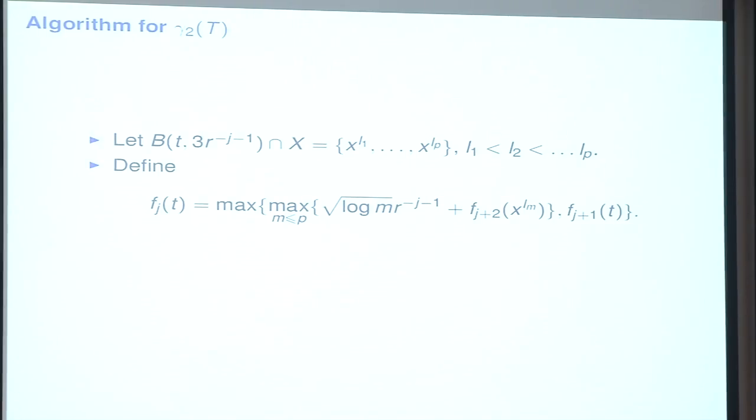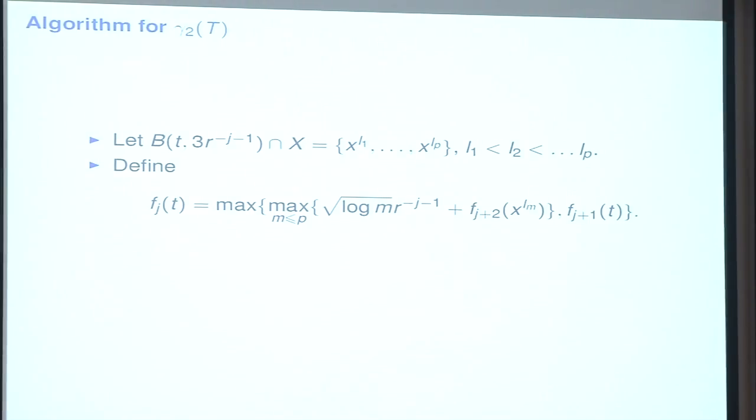It's my mistake. And we should check all of them here. We can put them in the right order, so we need this reordering. And then we define f_j(t) as the maximum over all possible m that are smaller than p, and we take what should be for Sudakov minoration, and each time f_{j+2} with the point x_{l_m}, another in the order I've mentioned.